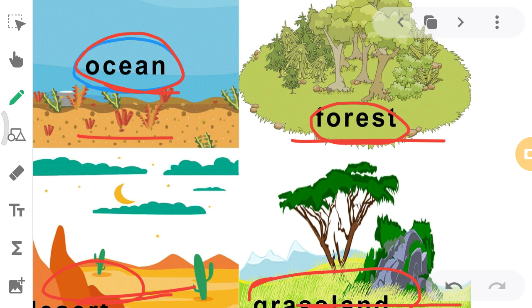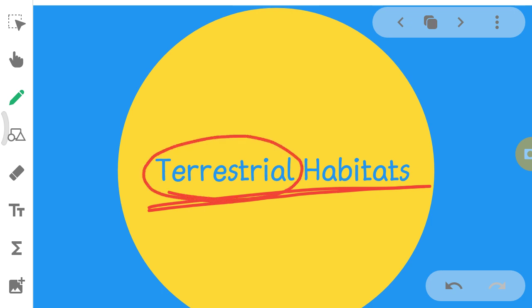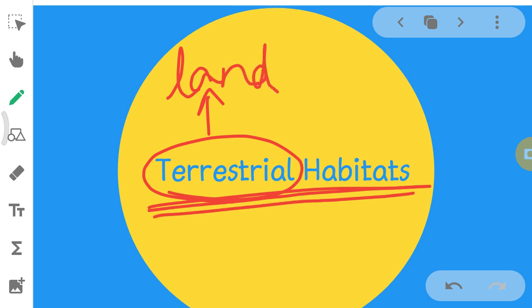The plants and animals that live on land are said to live in terrestrial habitats. So terrestrial always refers to land. Whenever you see the word terrestrial, it always refers to land.